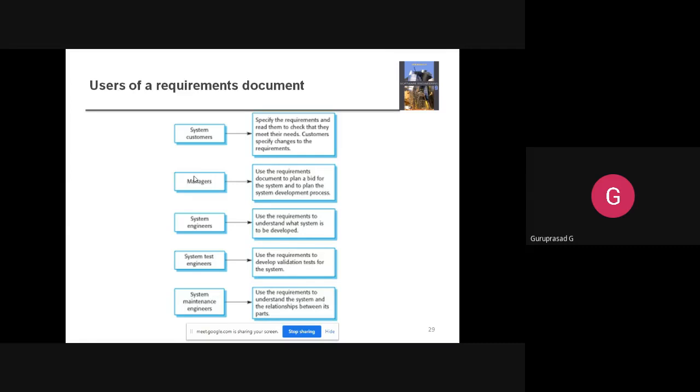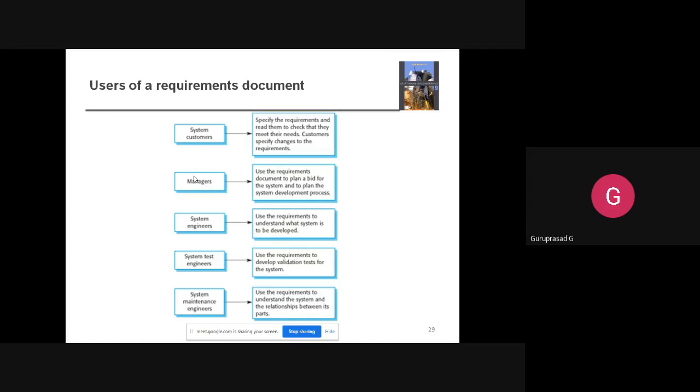Engineers use the requirements to understand what system is to be developed. System test engineers develop validation tests for the system. Whereas maintenance engineers use the requirements to understand the system and the relationship between its parts. So what I want to inform here is that we have different types of users. You can see from the table.